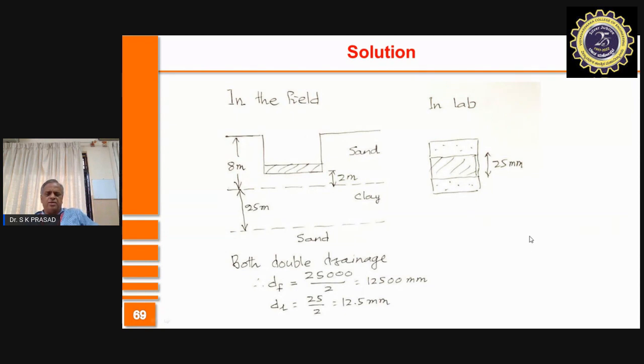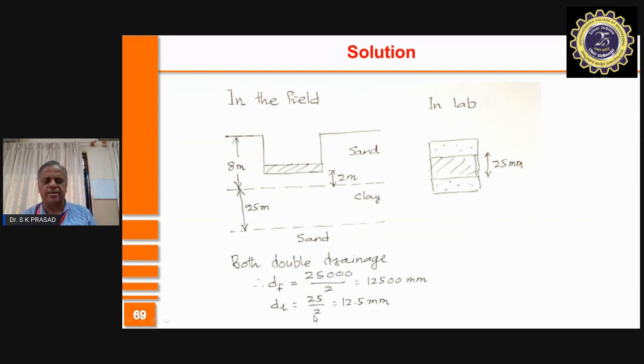And in the laboratory, you have only a 25 mm thick clay layer. And usually you will have double drainage because you have porous stone at the top as well as the bottom. Therefore, you have double drainage. So both are double drainage. Therefore, in the field, it is 25,000 by 2, so 12,500.